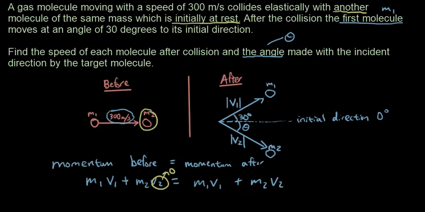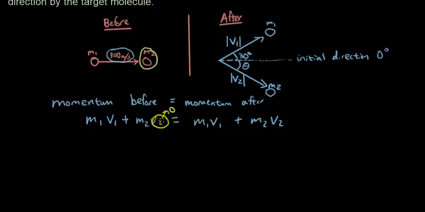So m2 has a velocity of 0, so m2 times 0, we can just cross out completely. So we can just substitute in m1 times 300 equals m1 v1. We don't know what v1 is.